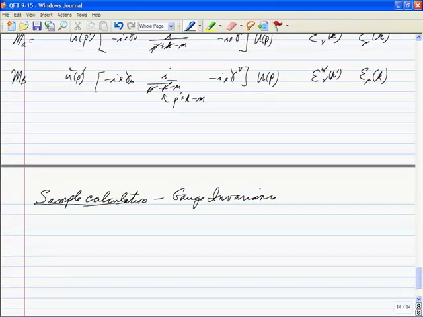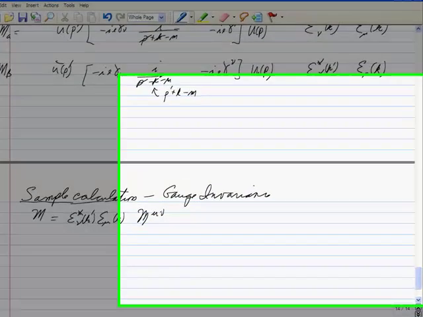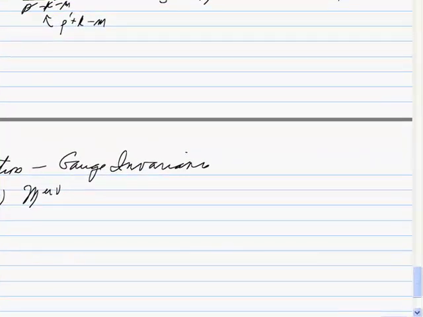So what we have here, this Compton amplitude, is epsilon star nu of k prime, epsilon mu of k, some M mu nu, which had the two forms which you can read out there.